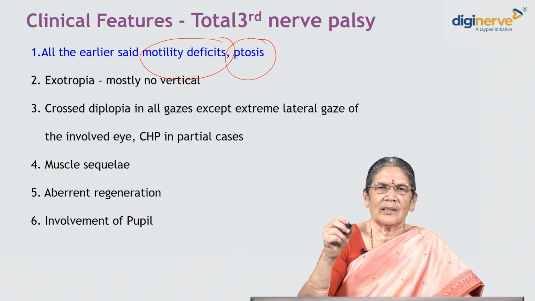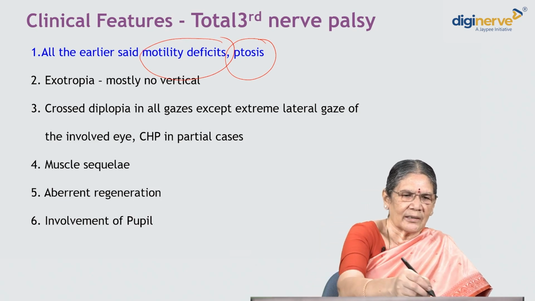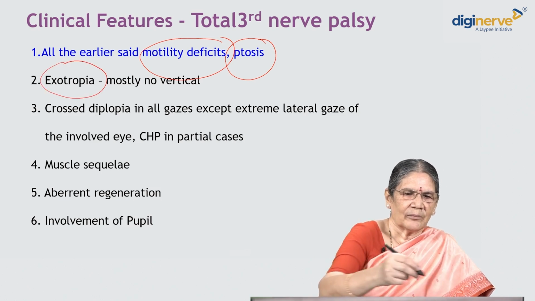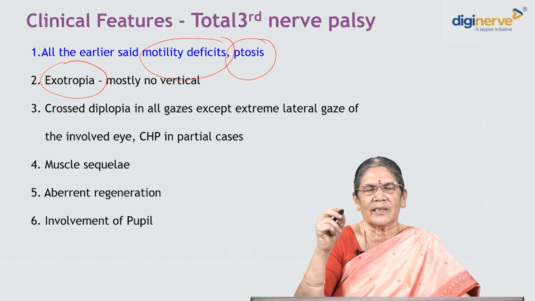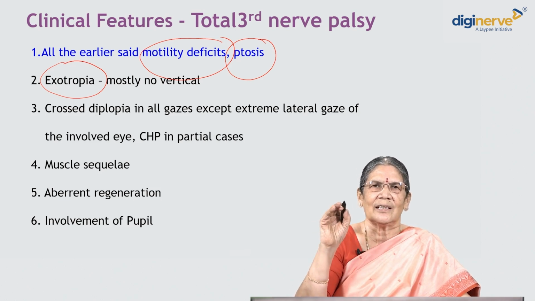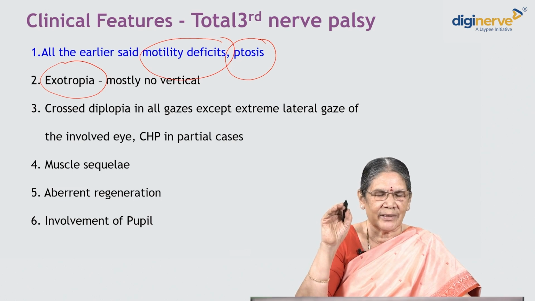And usually because all these muscles are involved, it results in exotropia. Usually there is no vertical deviation because both the inferior rectus and superior rectus are equally involved. So, you do not see a vertical deviation. Sometimes rarely you may see a small hypotropia, but that will not be very significant.